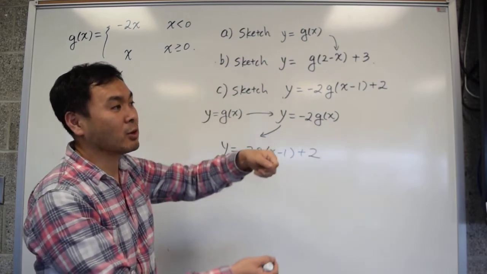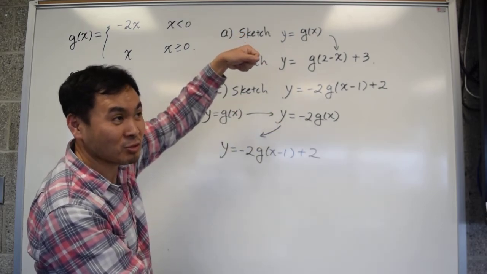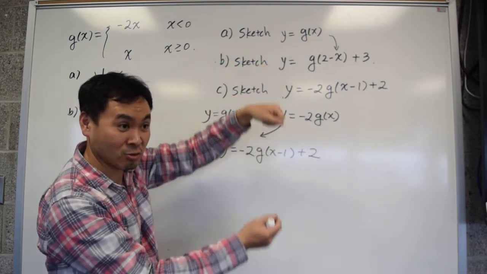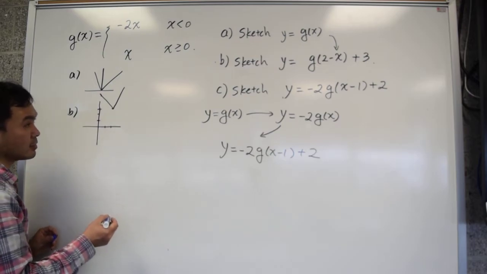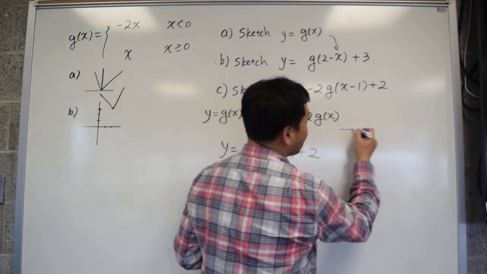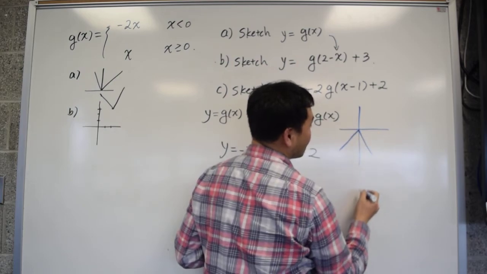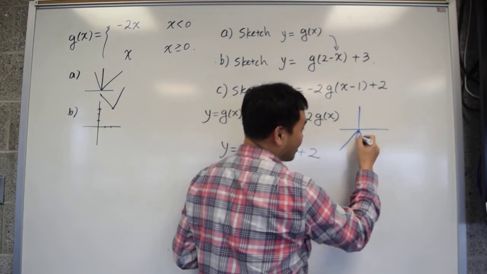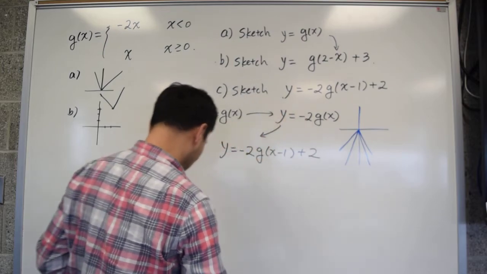It will stretch more in the y direction, which means it will look more narrow, thinner, because you're stretching more. So what you get is first upside down, and you stretch this twice, so you end up with something narrower. So that's the graph.